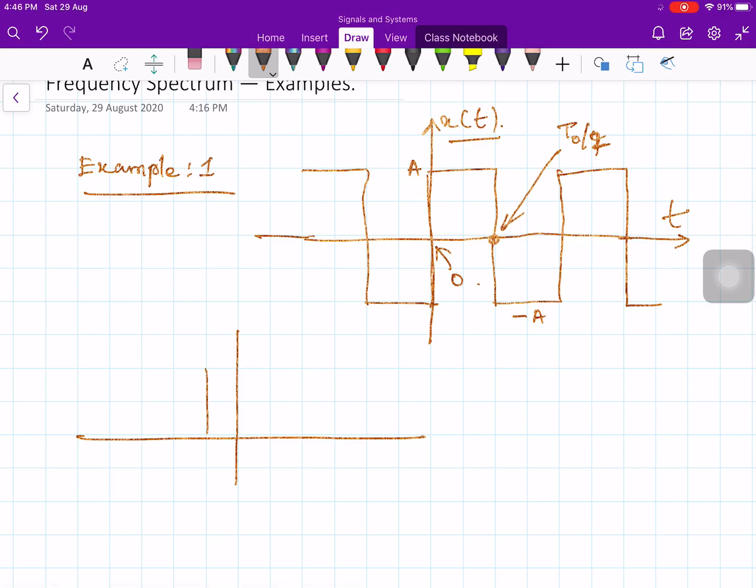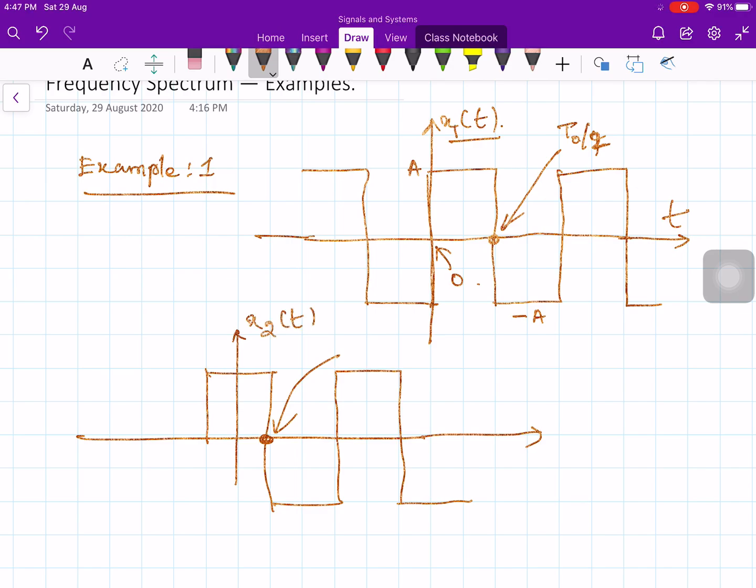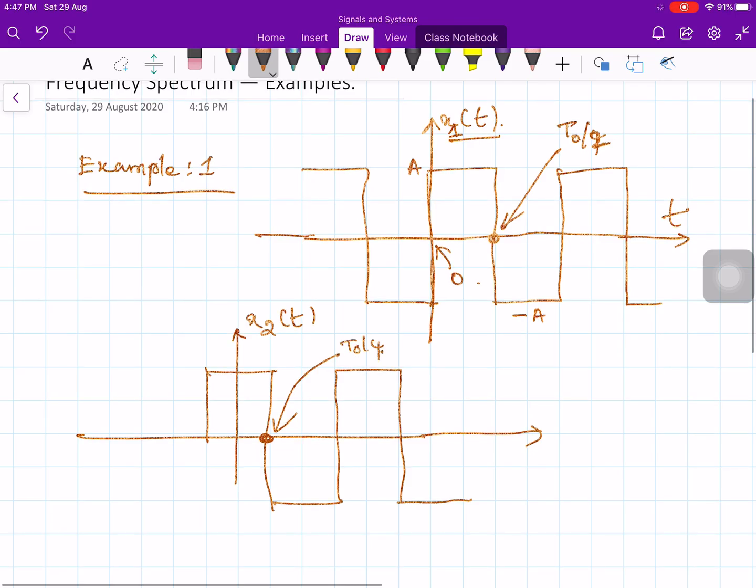It looks like this. Like this it goes. So therefore it is a shifted version of x of t. Let me call this x2 of t and this one x1 of t. So this point is t naught by 4 and this point is minus t naught by 4. Then the waveform goes like this and so on.